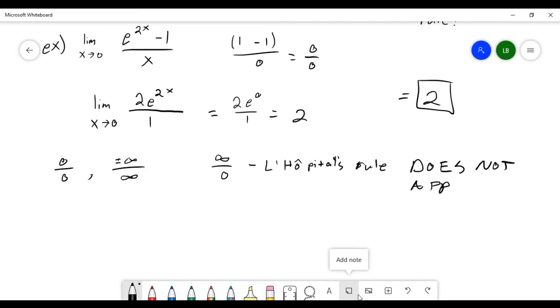And that is important to remember, because you want to make sure you're only applying L'Hopital's rule in the right cases.